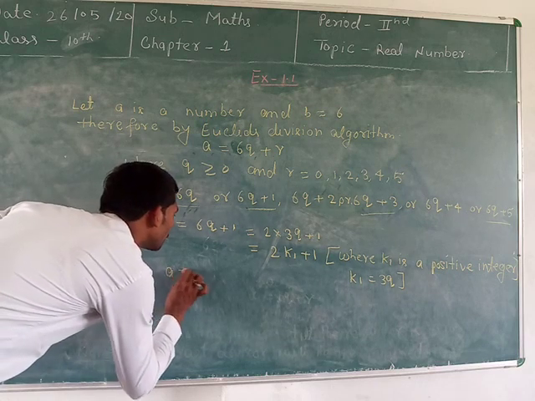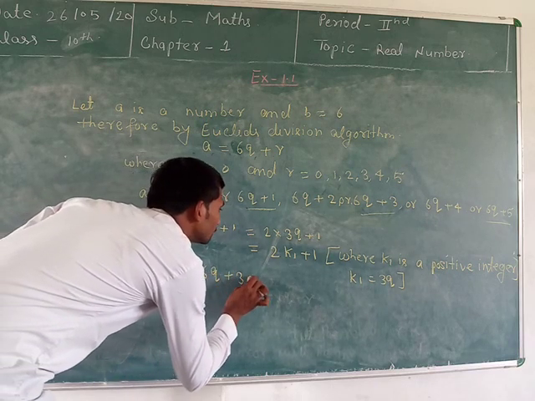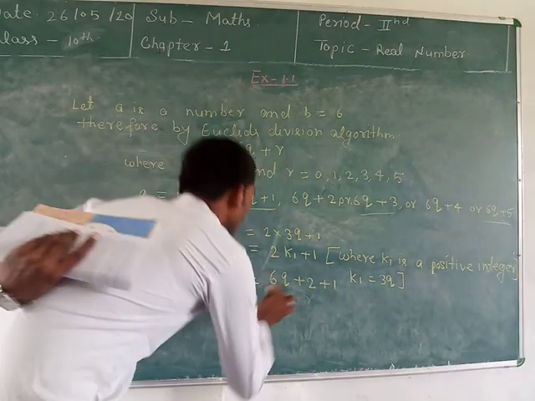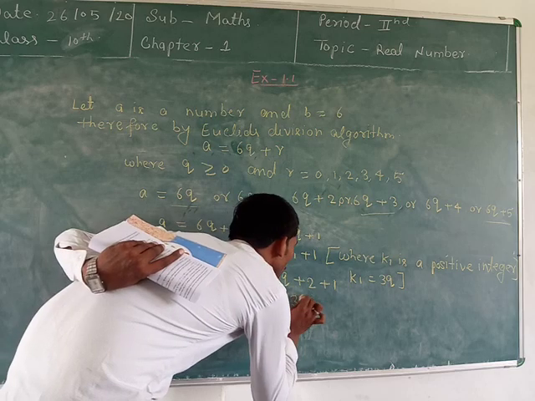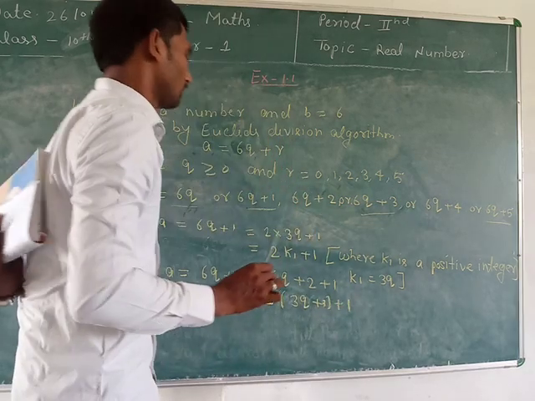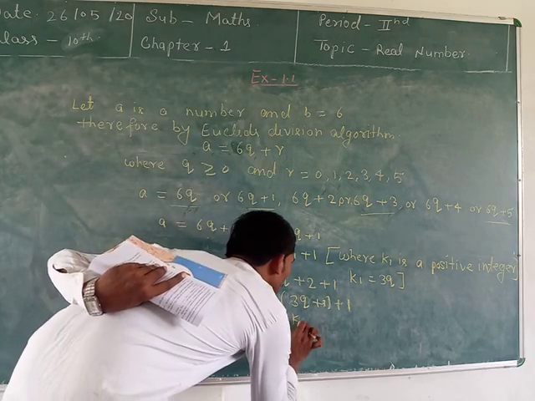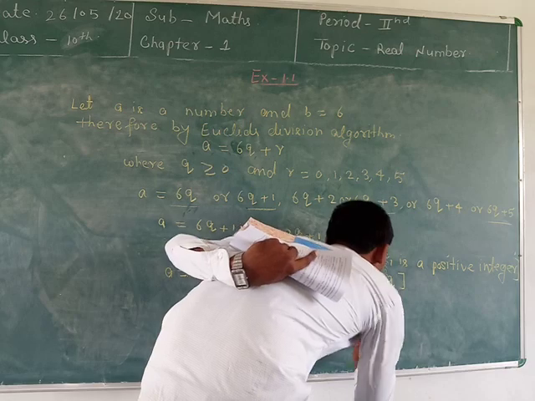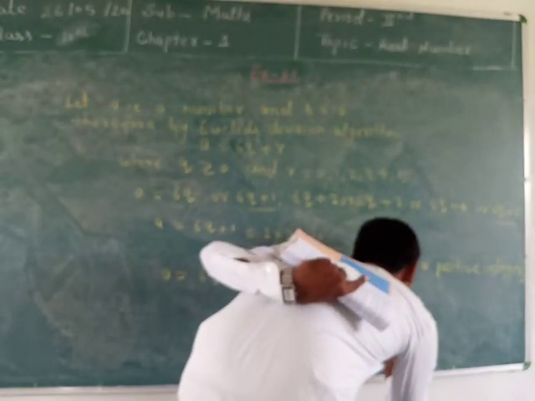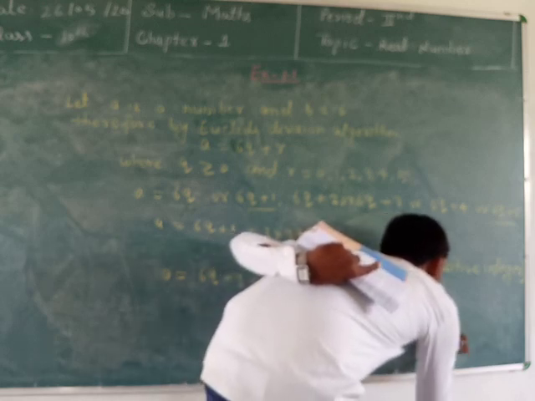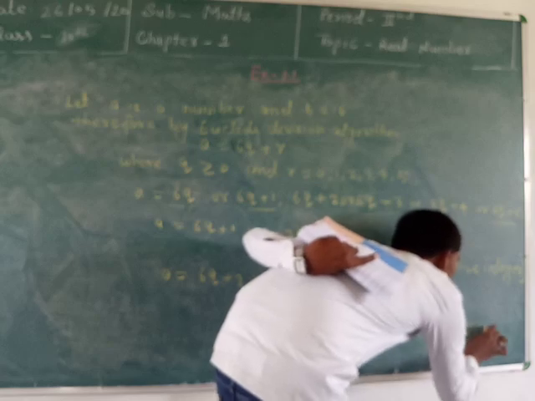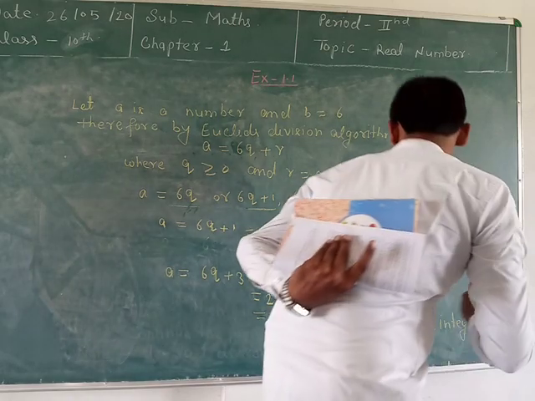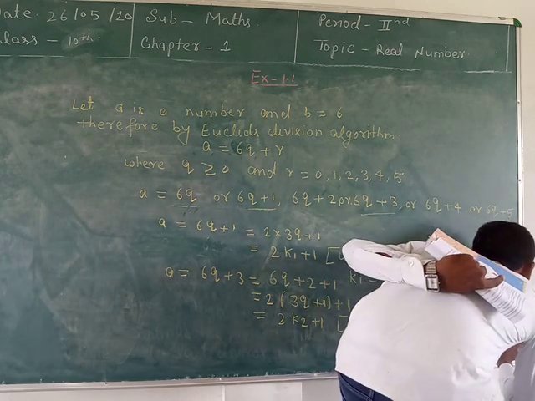And if a equal to 6q plus 3, then we can write this 6q plus 2 plus 1, means now we take 2 common, 2 times 3q plus 1, plus 1, we have 2k2 plus 1, where k2 is a positive integer whose value is k2 equal to 3q plus 1.